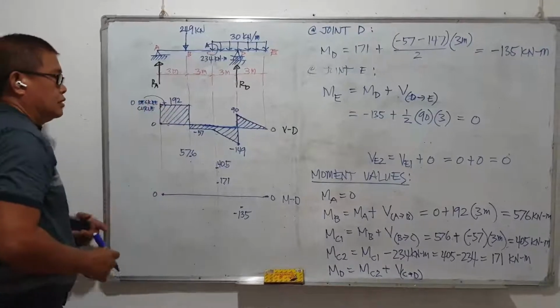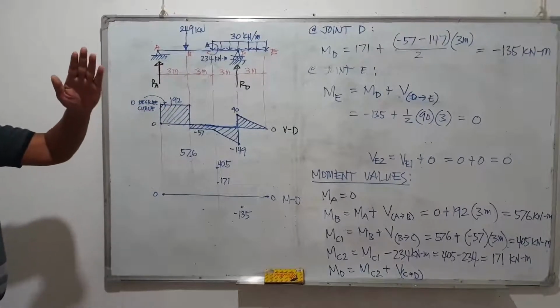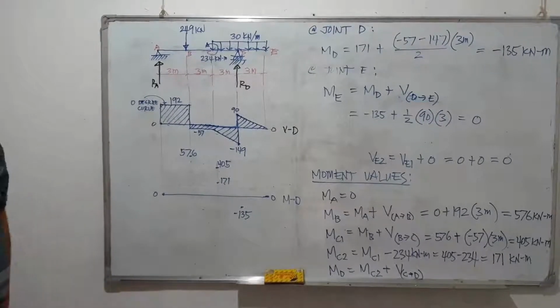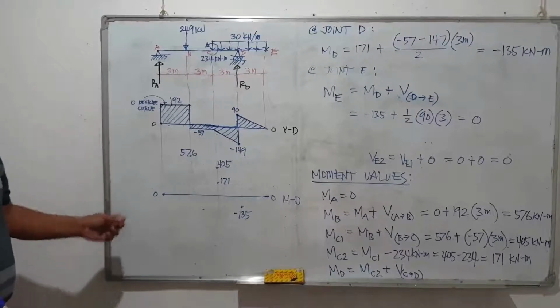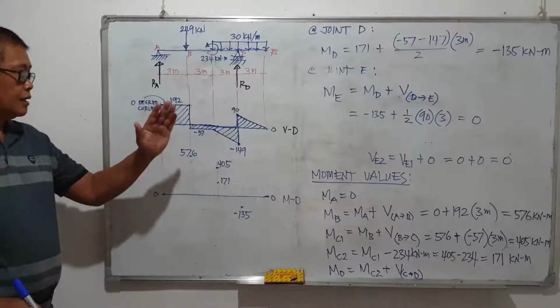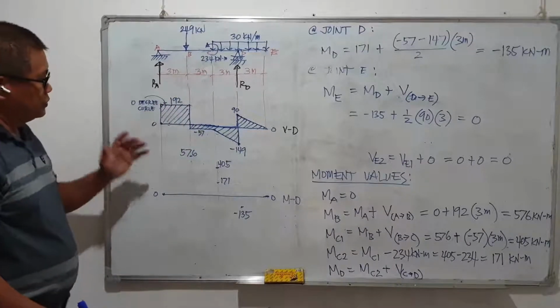In moment diagrams, even if we have a straight line, horizontal or diagonal, it is considered a curve, because they are different points connected by either a straight line or a curved line. They are all considered as curves.